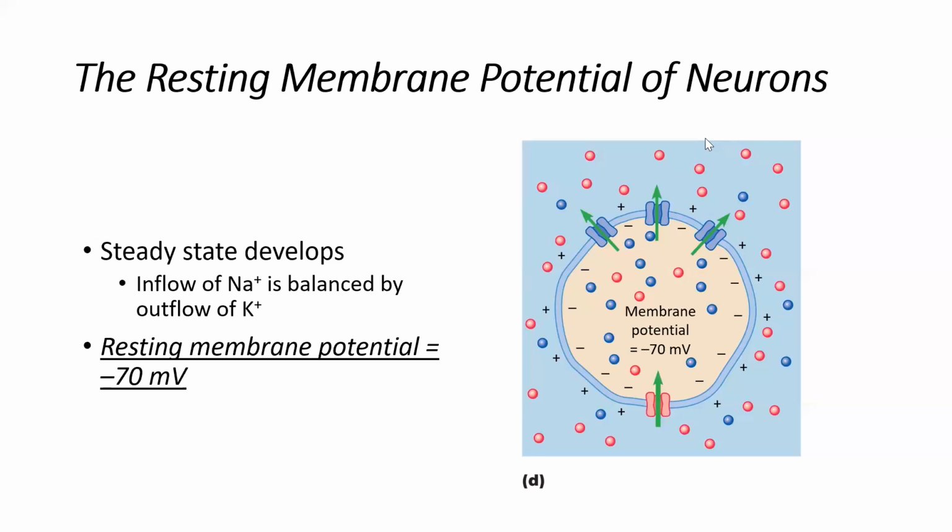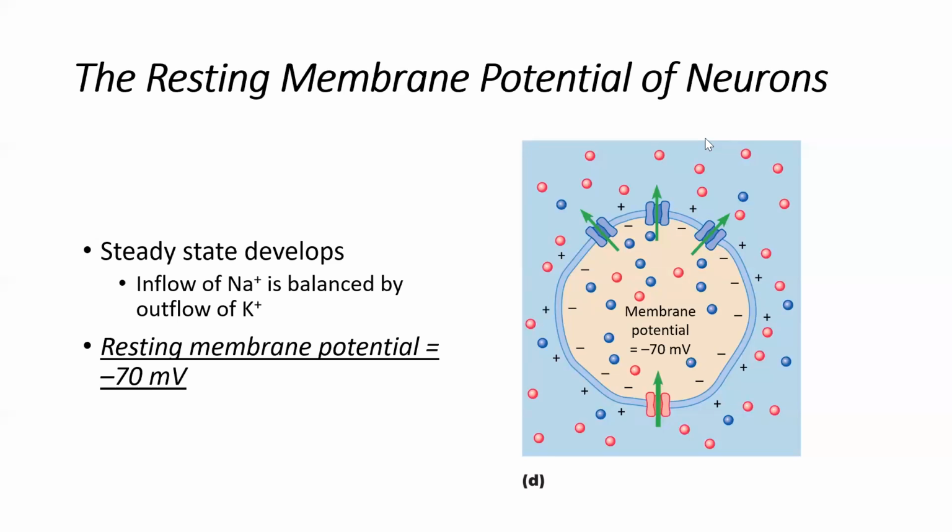So someone is asking, does this continuously happen or is it a one-time thing? So this is always happening in the cell. And this is how we got to that place where the cell is at rest, okay? So this is always happening in the background, and we'll talk about how we maintain this. So cells maintain their resting membrane potential by the presence of the sodium-potassium pump and the leak channels.